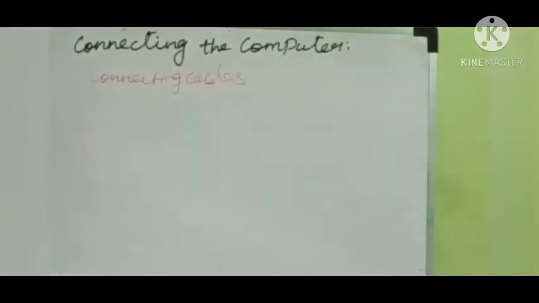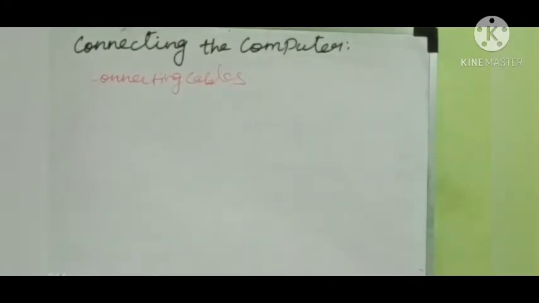Connecting the computer. Children, in our houses we are using tube light and fan. How they are working? We have to give connection to the electric wire, so that only it will glow.